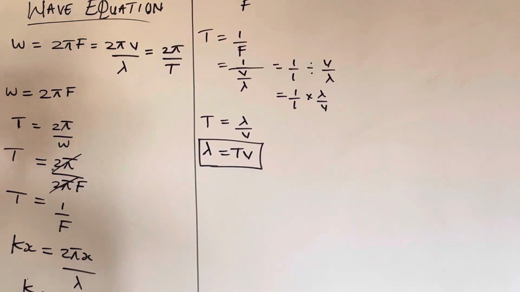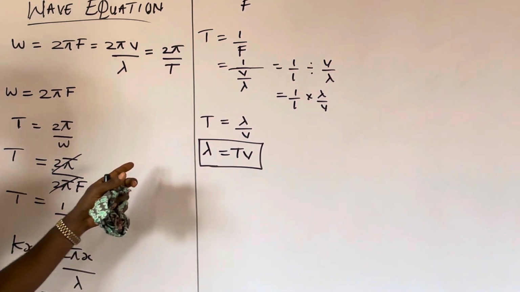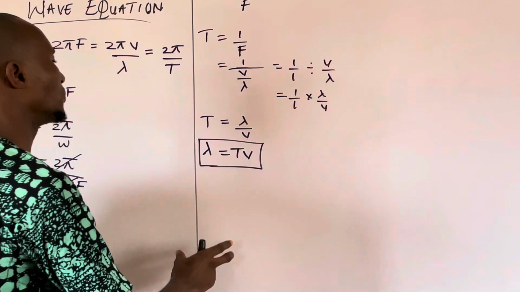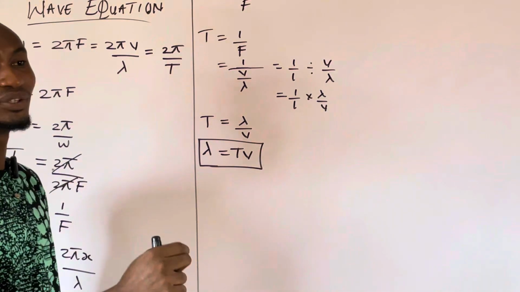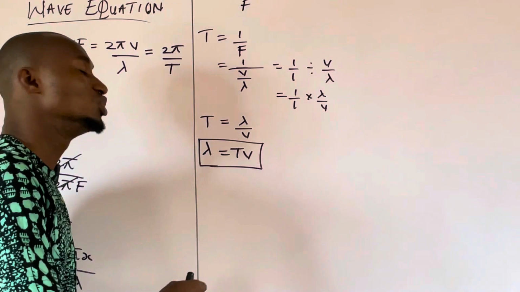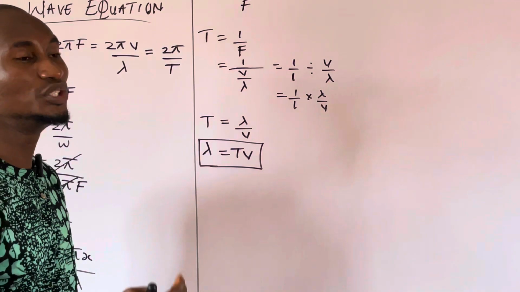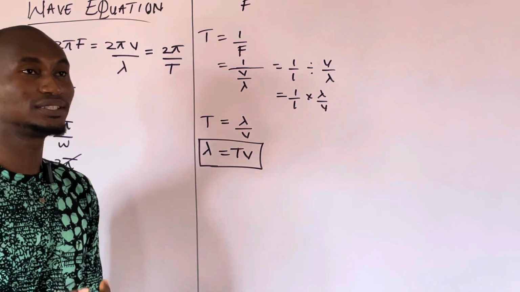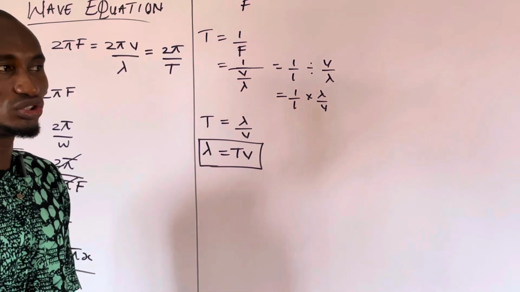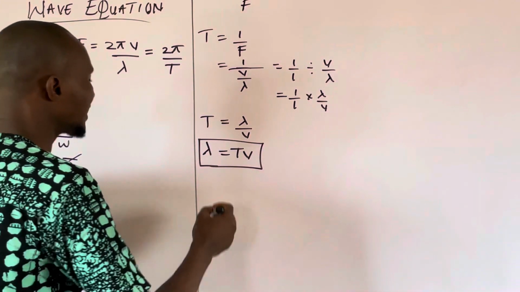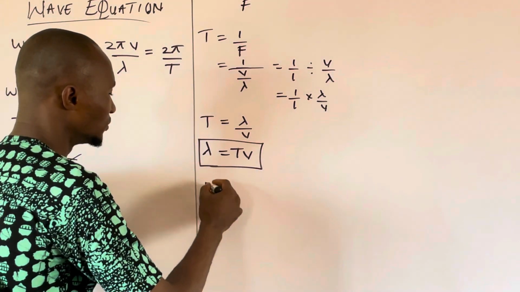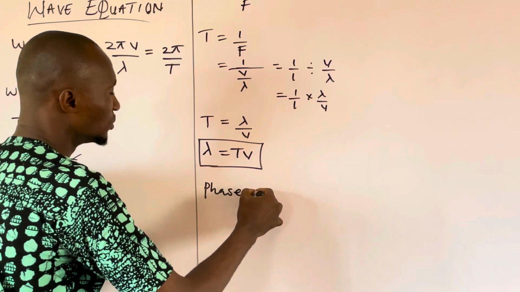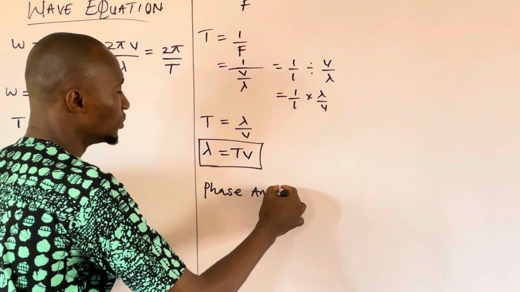Now, we've tried stating all these things because these are the requisite formulas and knowledge that will enable you to derive any equation of motion, be it first, second, third, or fourth. Now, the phase angle: look at the symbol for the phase angle.